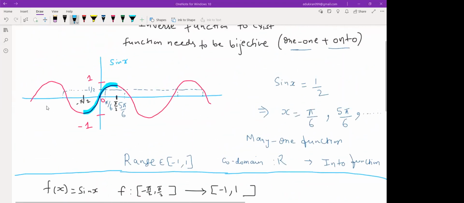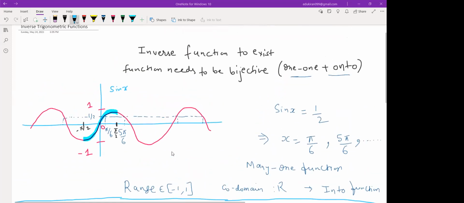As you can see in the above graph, for one image, that is half, you have multiple pre-images: 5 by 6 also, 5 by 6 also, and all other values. But for one image, you get only one pre-image.